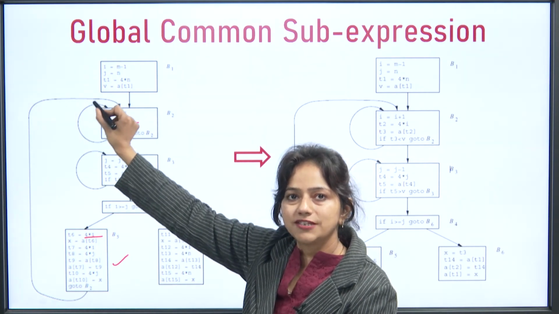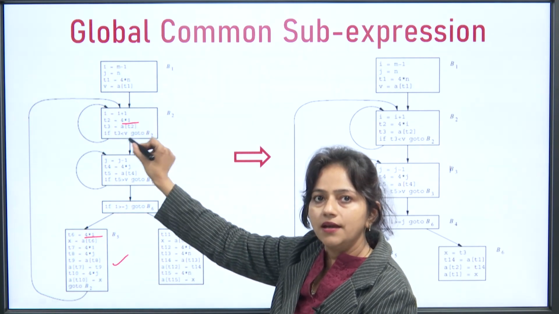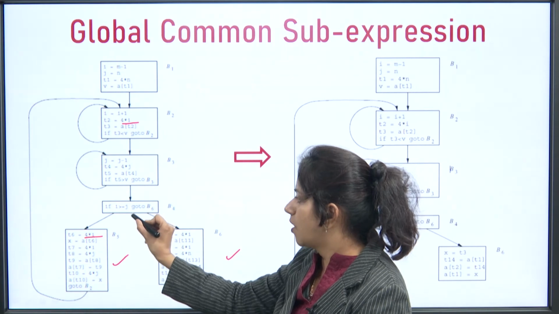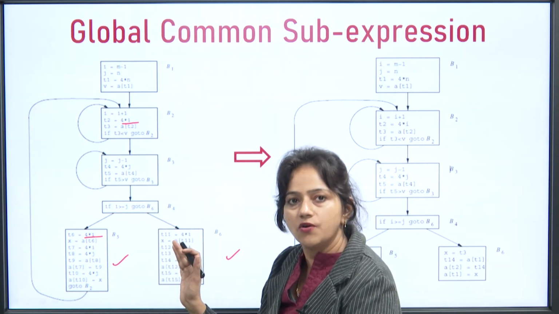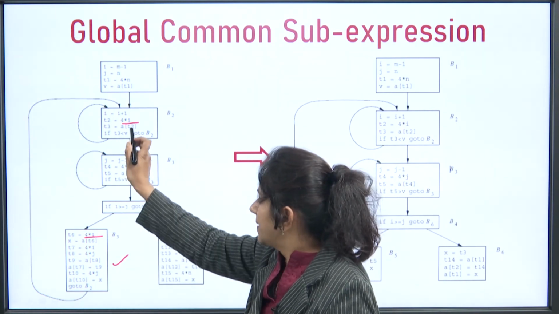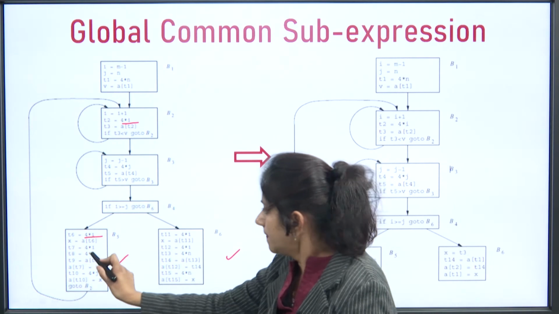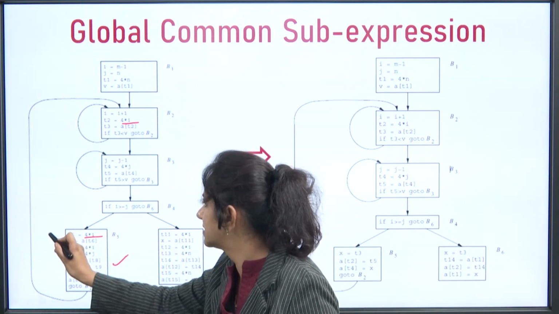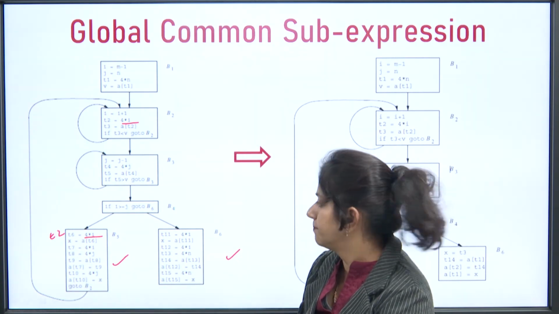Then we go to this loop, the value will change again, and we use the updated value. Then this loop will execute, then we will come over this block, then this block, and in between there is no change in the value of I. So it is taking the same value as it took over here. So T6 is equal to 4I will give the same value as T2, right. So we can eliminate this computation.